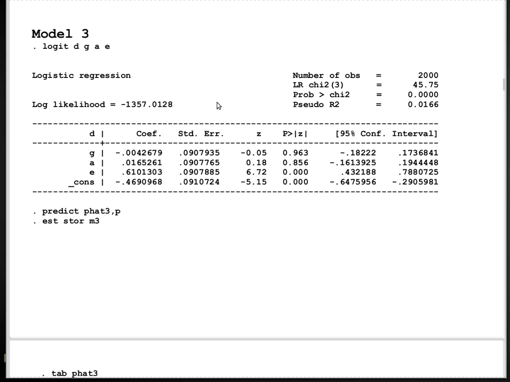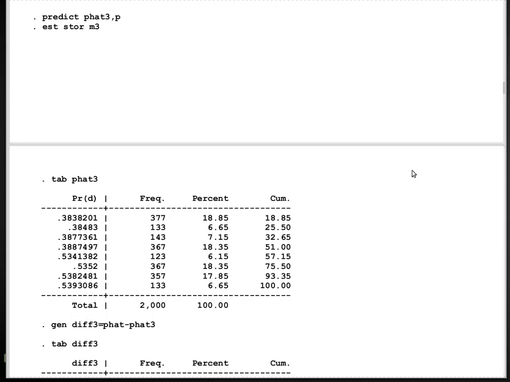All right. Let's now do the same thing we did before. Let's save the fitted values on the probability scale and also save the ingredients of Model 3 for the purposes of constructing a likelihood ratio test, which we're going to do in a little bit. Now we can display the fitted values from the third model.